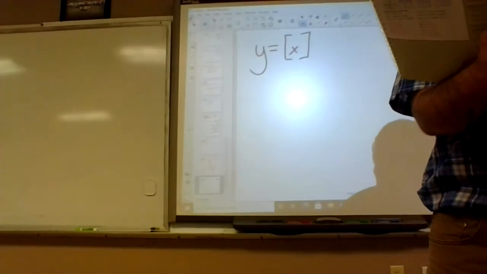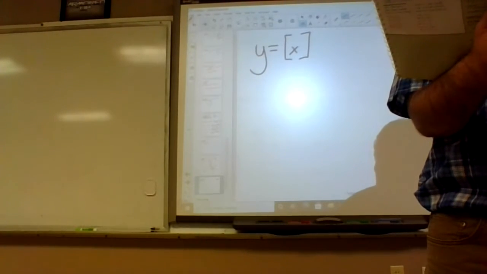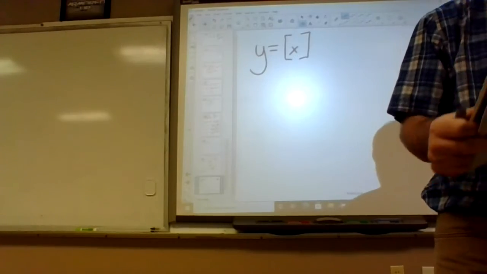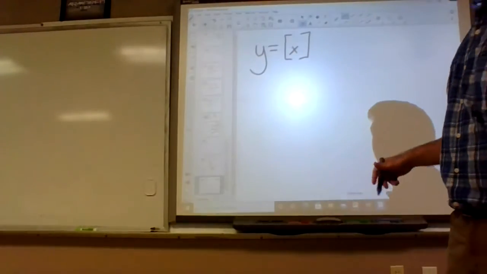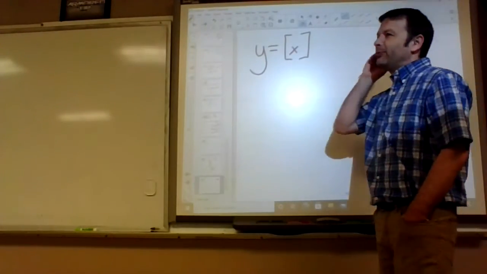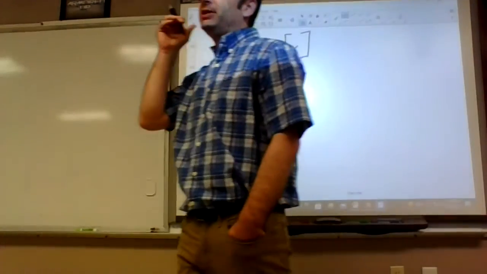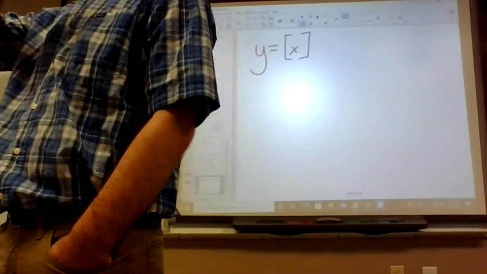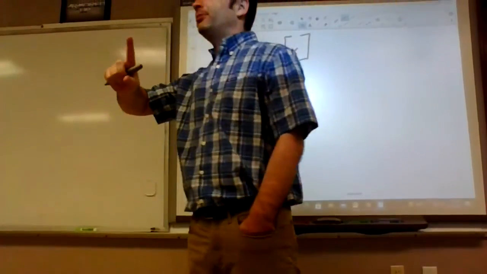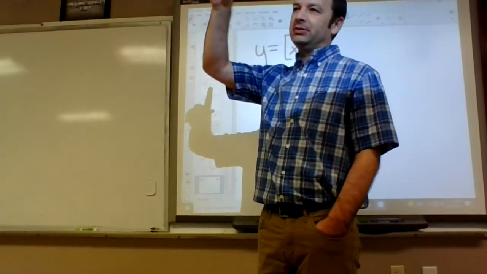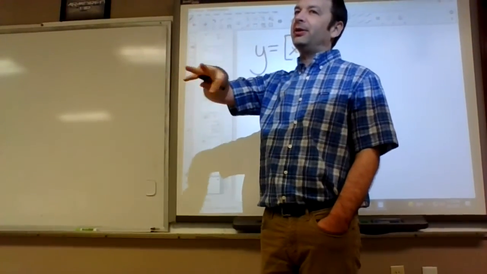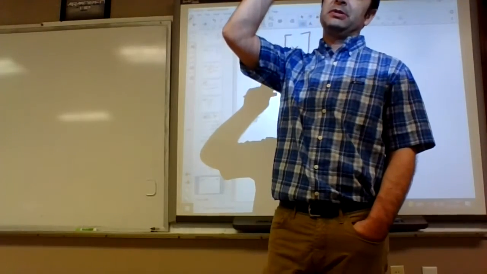Yeah, here it is. They call this the greatest integer function. What it does is, whatever number you put in for x, it rounds it up to the next integer. So it never rounds down, it always just goes up to the next integer.